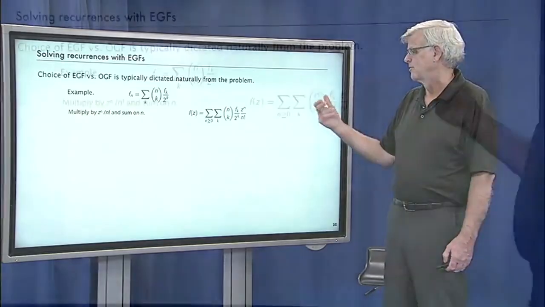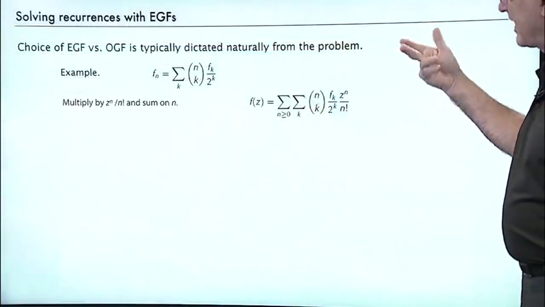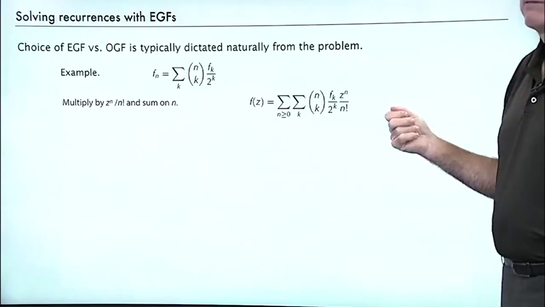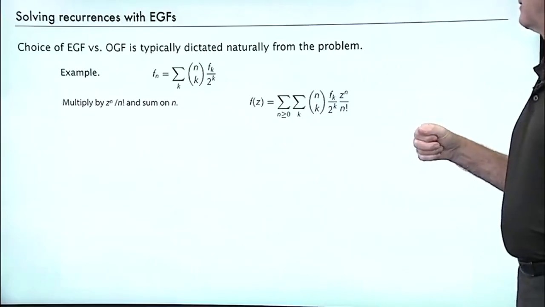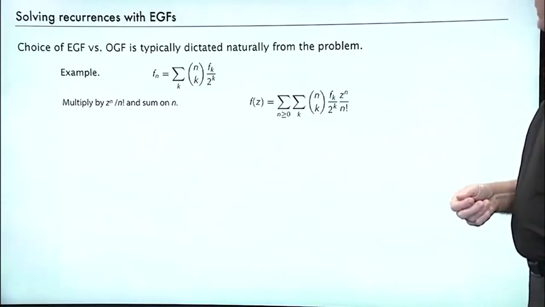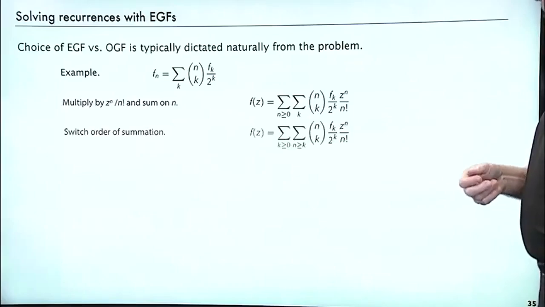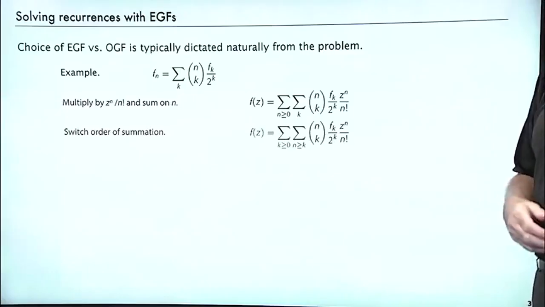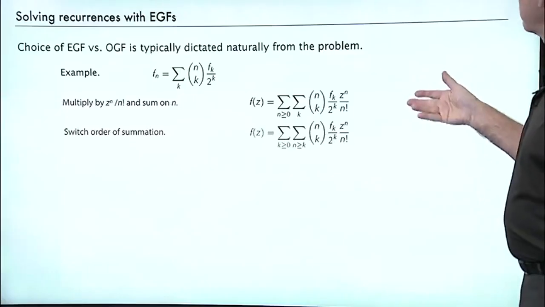Exponential generating functions: we'll use the same rule, except we make an exponential generating function. So that is multiplied by z to the n over n factorial and sum on n. Then on the left-hand side, we get F(z), and on the right-hand side, we get a double sum. And then what we're going to wind up doing is kind of working backwards for the convolution that we just did.